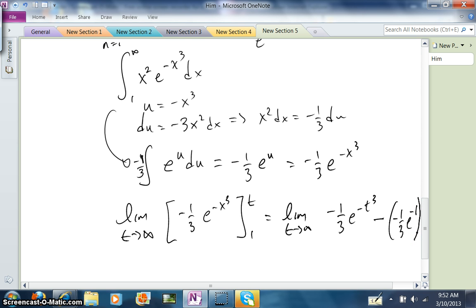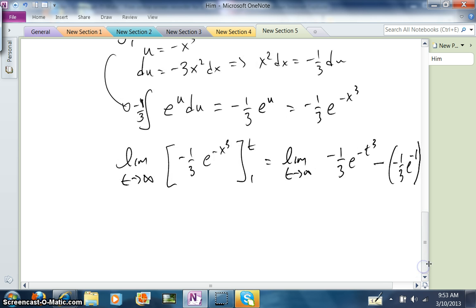And so that's where we're at here. We need to take this limit. When you plug in infinity here, you get e to the negative infinity, and e to the negative infinity is 0. You can also think of e to the negative t cubed as 1 over e to the t cubed. And there it's a little easier to see that when you plug in infinity, you end up with 1 over infinity, which is 0.